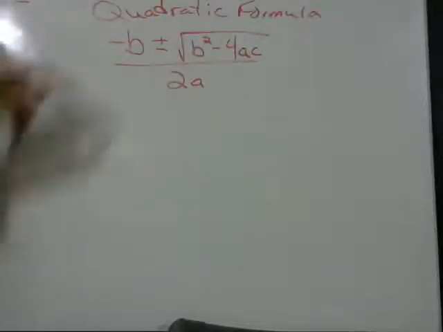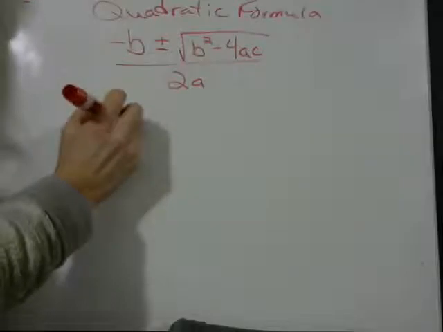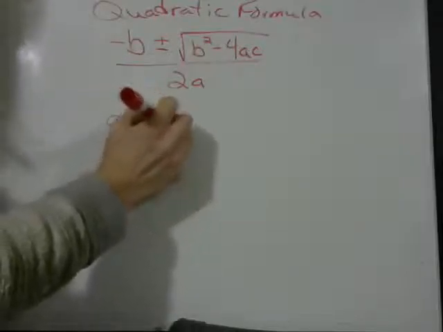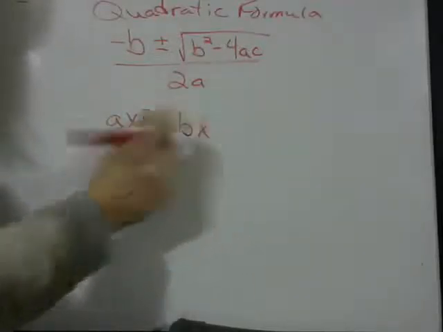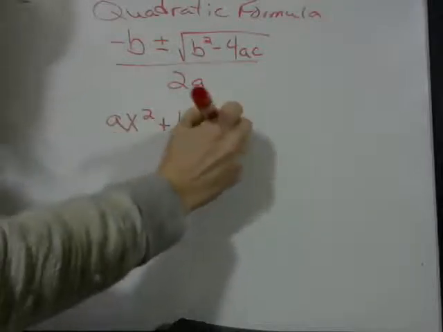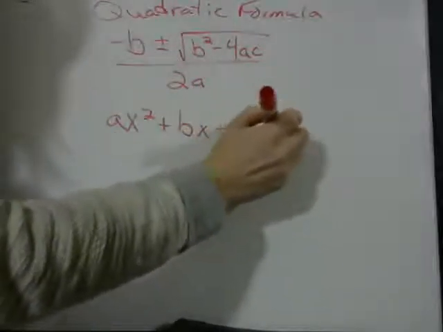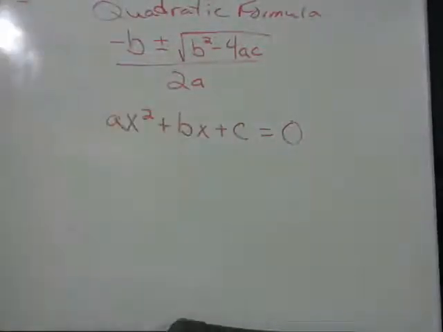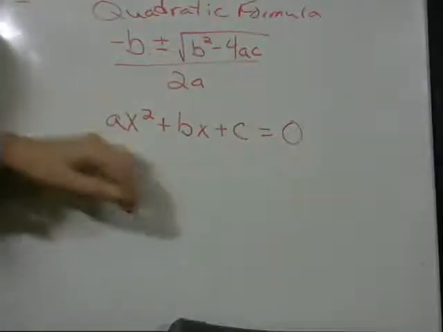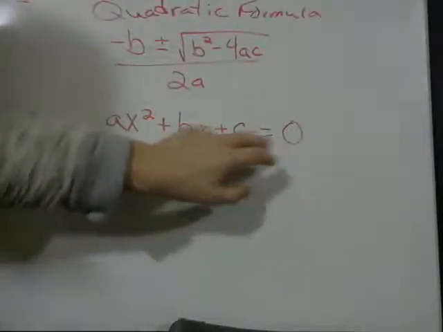Now you might ask, what is b, what is a, what is c, where do these come from? The general form, remember, is you're going to have an x squared and an x. The equation is going to look something like that. It is most likely going to say equals 0.